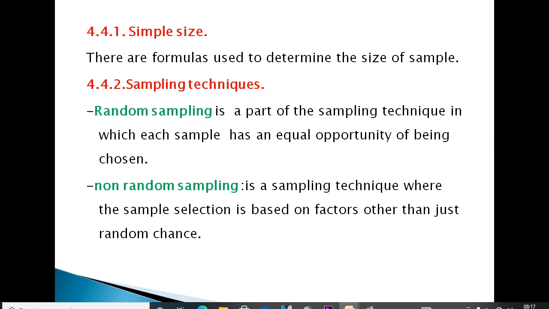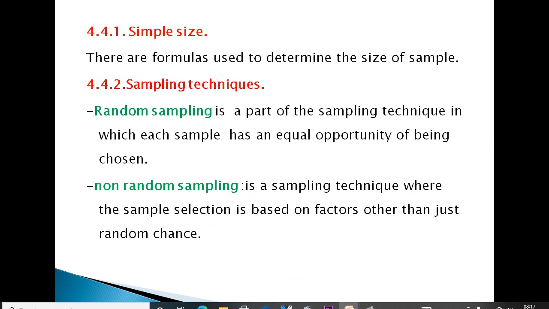The researcher also presents in sampling design the sampling techniques used to select the members of the sample. For example, we have different techniques of sampling. We have random sampling.